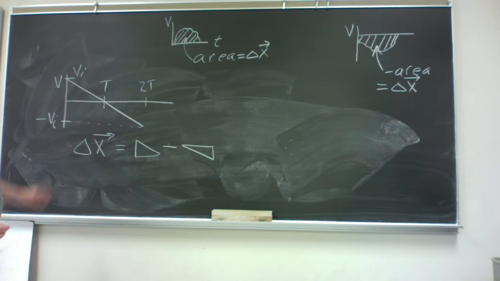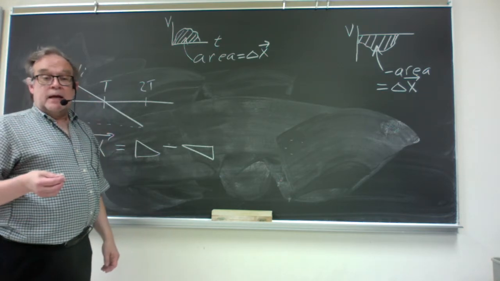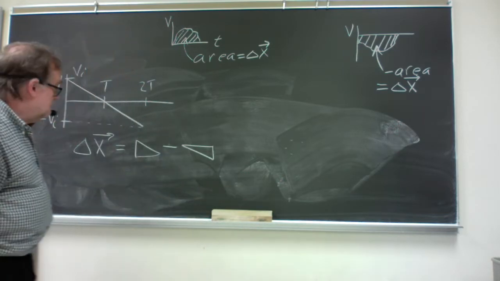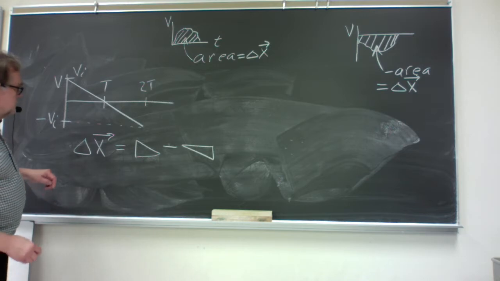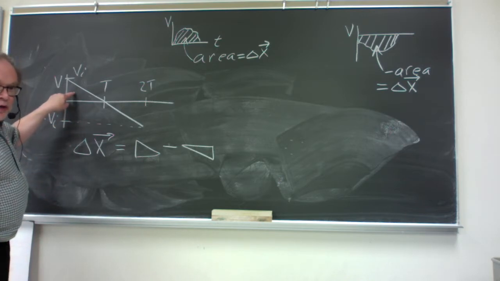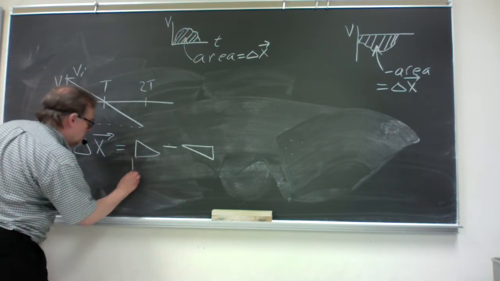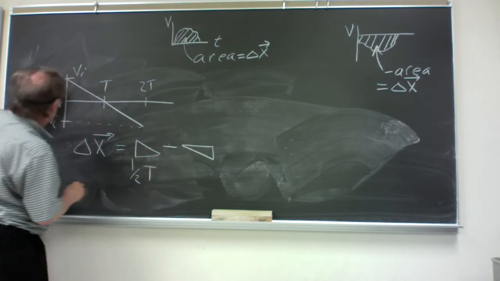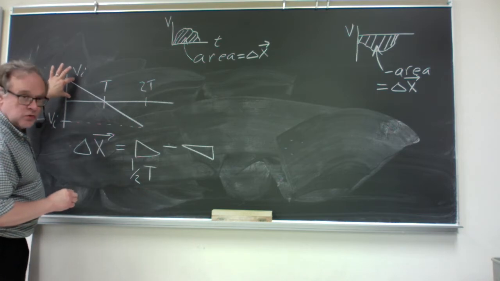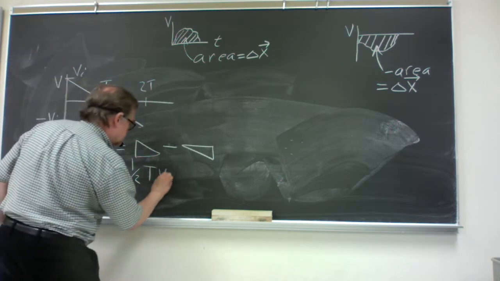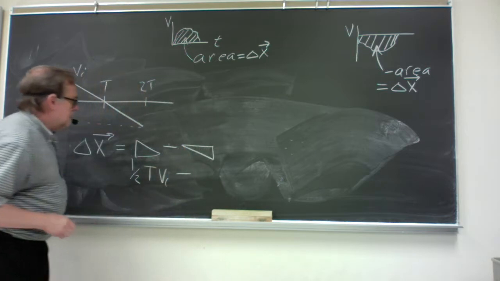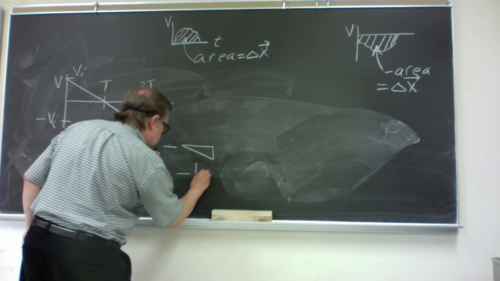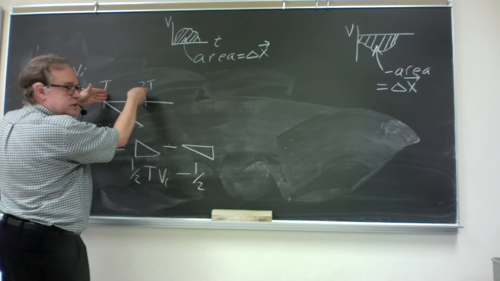But look at what we have here. Everything is nice and symmetric, and the areas of those two triangles are equal. The area of this is 1/2 base times height, 1/2, and the base is t seconds, and the height is vi, and then minus 1 times the area of this triangle, 1/2 base times height.